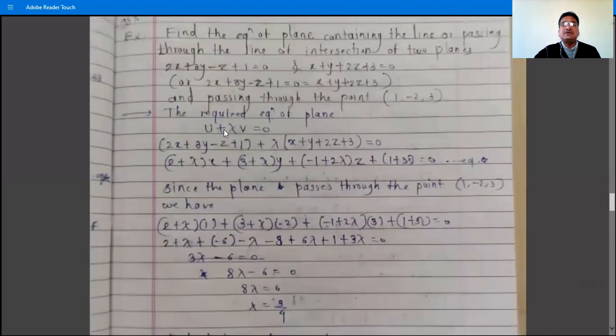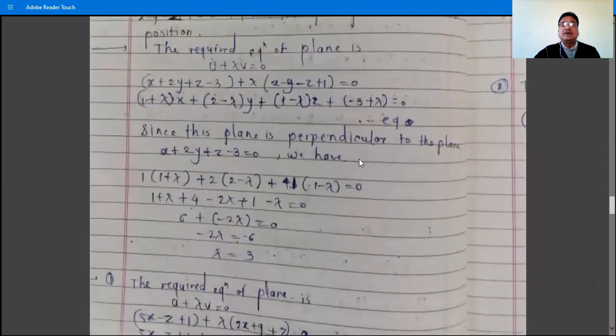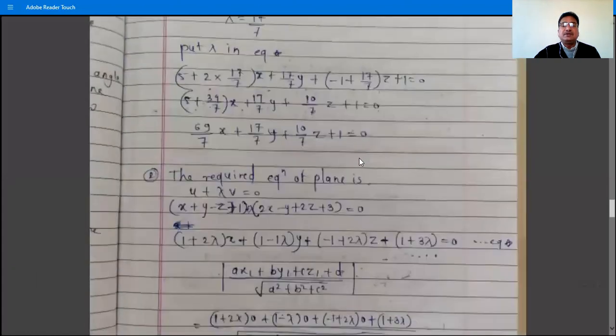Substitute x, y, z as 0, divided by the square root of (2 + λ)² + (3 + λ)² + (-1 + 2λ)². Then it is equal to 1. Unity means 1, so find the value of λ. Its answer is given.